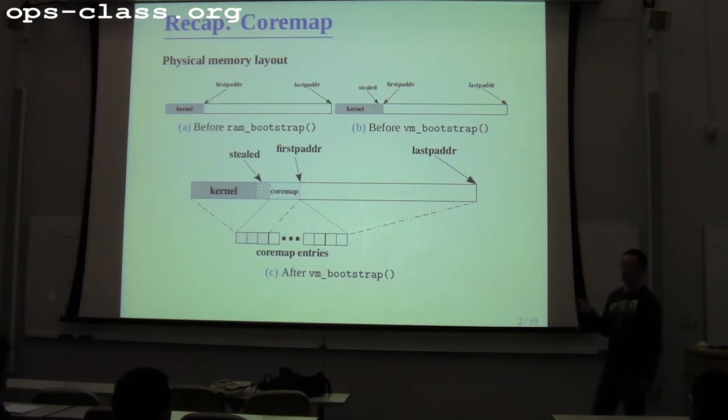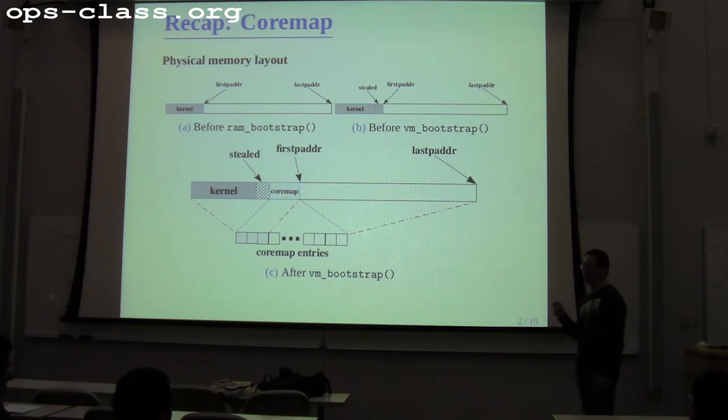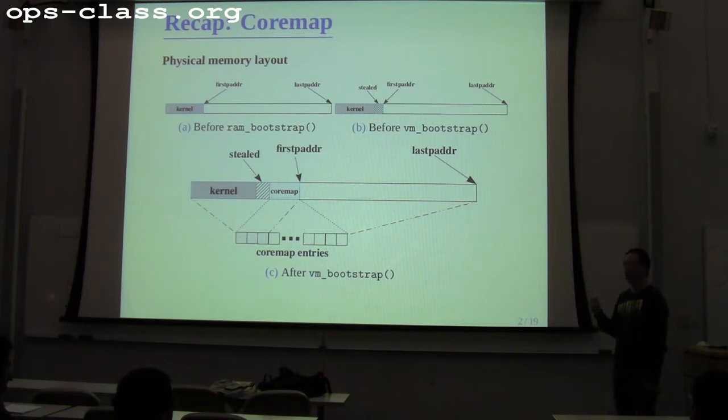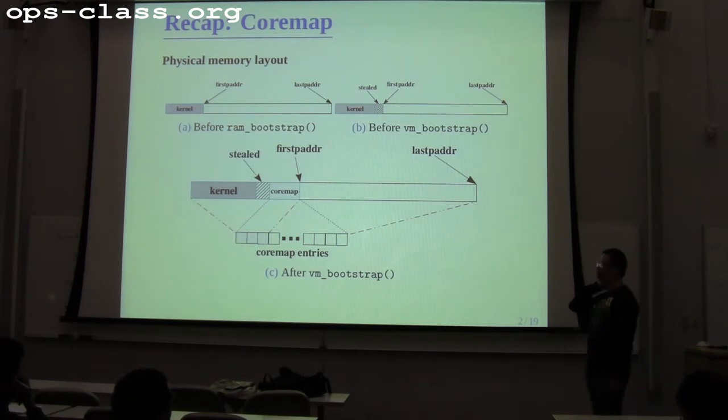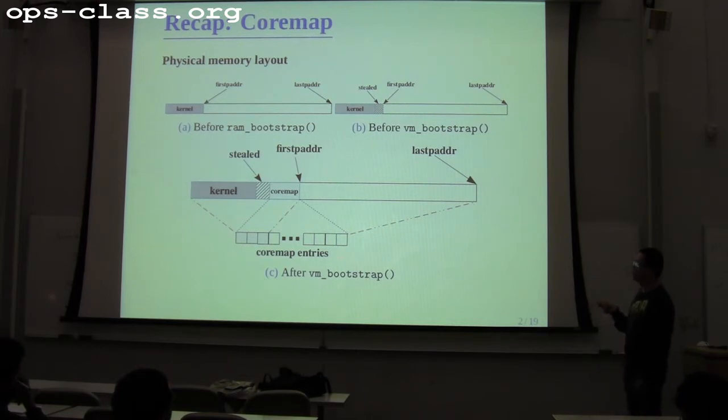In that case, the mapping between the physical address and the coremap index is a bit more complicated in that you need to add the offset every time you do the translation. Okay, that's another way to do it. So it's totally up to you to decide the mapping between the entry and the page.